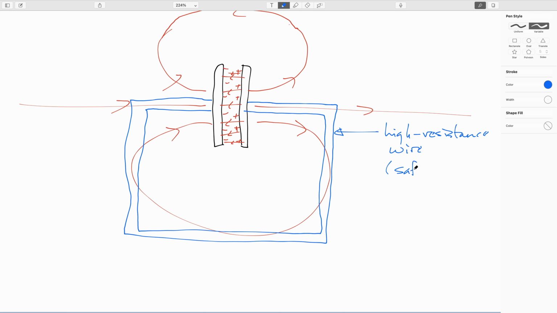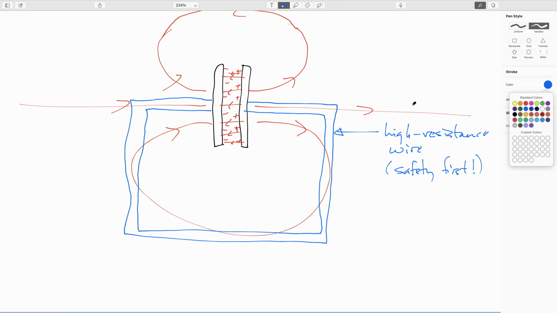Again, safety first. So now what's going to happen? Well, here we're going to need to be moving charges along. And so this means that we need to have a net electric field inside.